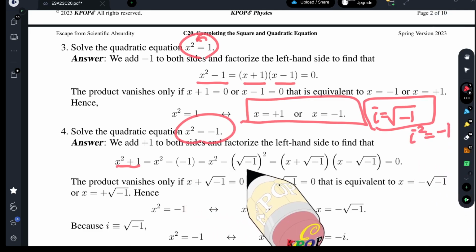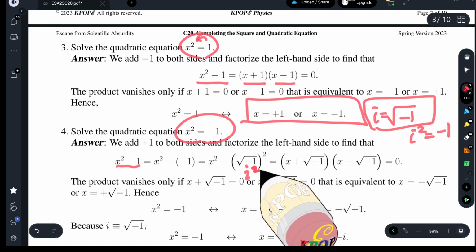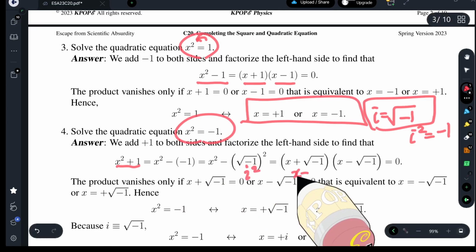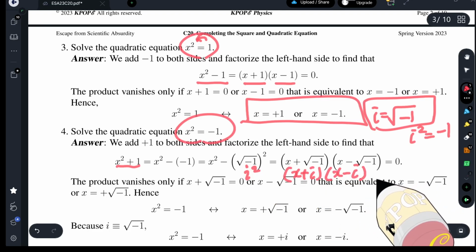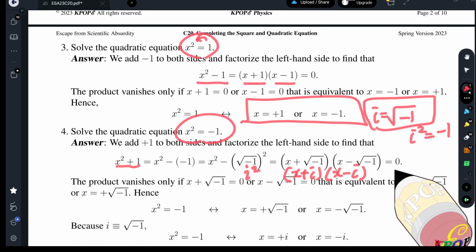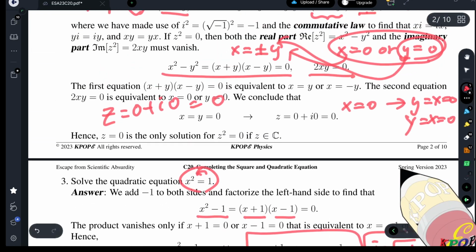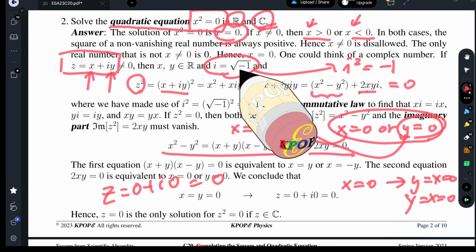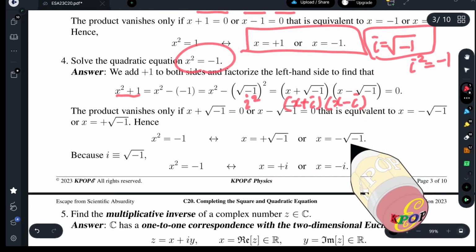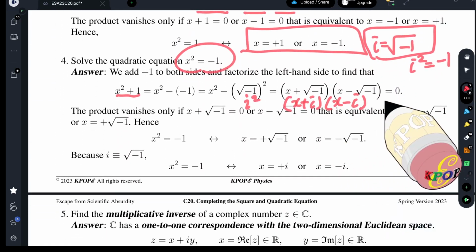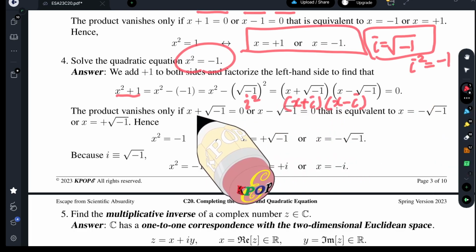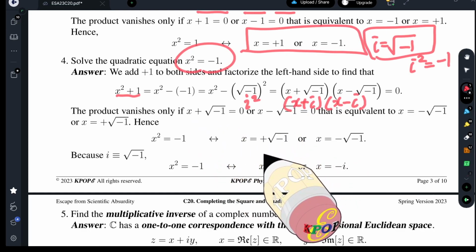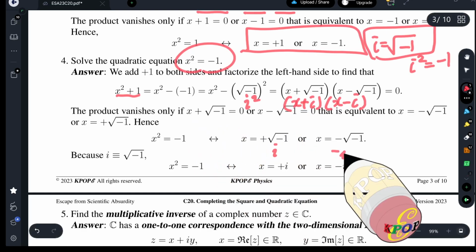Therefore, this one can be expressed as i squared, that is x plus iy, I mean x plus i, and x minus i. Because the product is 0, and we know that for complex numbers a product of complex numbers is 0 when either one is 0, this x is either plus i or minus i.